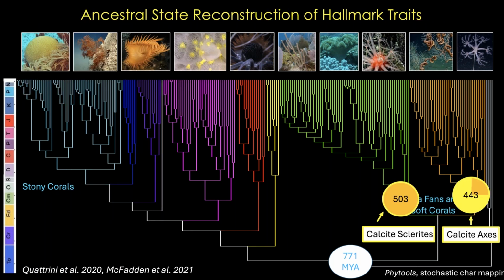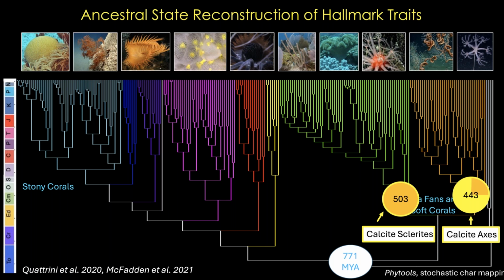Okay, and now the calcium carbonate skeletons, we see the appearance of calcite within the octocorals, in 2 different forms, axes. So there are some octocorals where their axes are comprised of calcite, and other octocorals, they're soft corals.